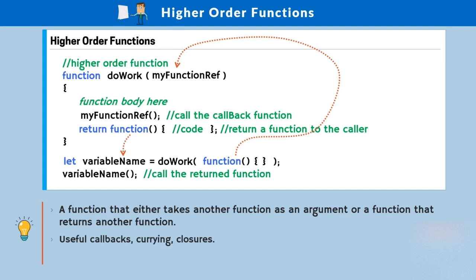In real world applications, you will use higher order functions in all the scenarios of callbacks, asynchronous operations such as promise, currying, and closures. We have already understood callbacks in the previous lectures, and we are going to understand this currying concept in the further lectures in the same section.